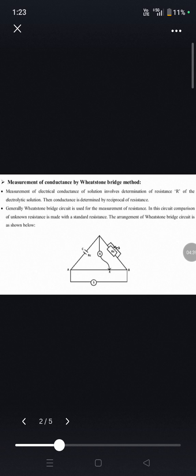The conductivity cell containing KCl solution of unknown resistance is placed in the other arm of the Wheatstone bridge. D is a current detector, and X is the sliding contact that moves along AB. AC represents the source of alternating current.